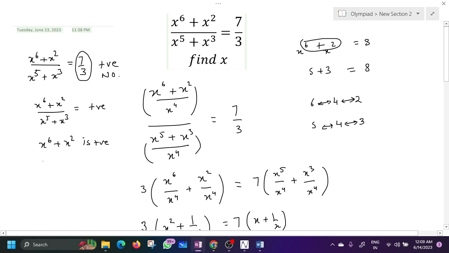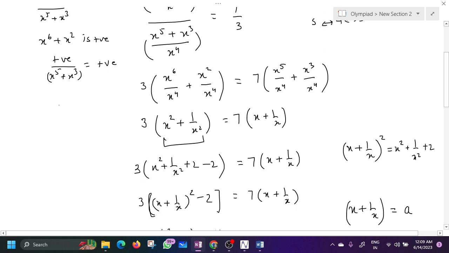Okay, so what happens here is something positive upon x power 5 plus x power 3 has to be positive, means this quantity in the denominator should also be positive. It cannot be negative. Means x power 5 plus x power 3 is to be positive.